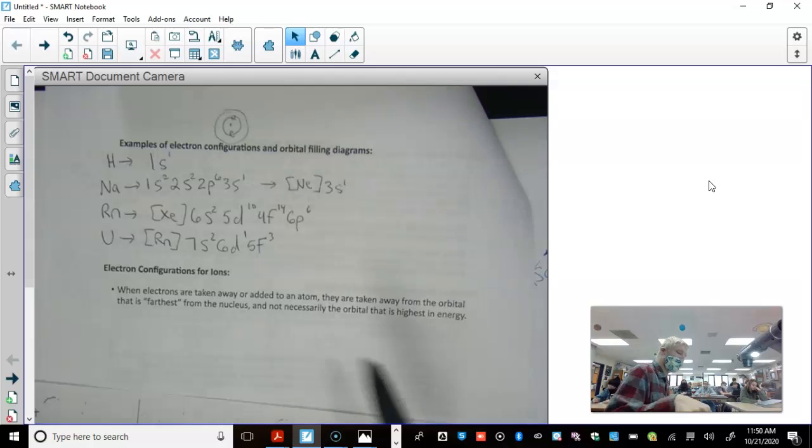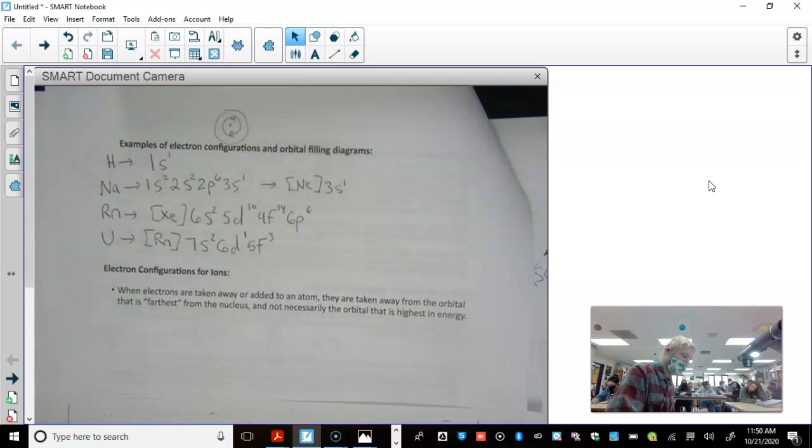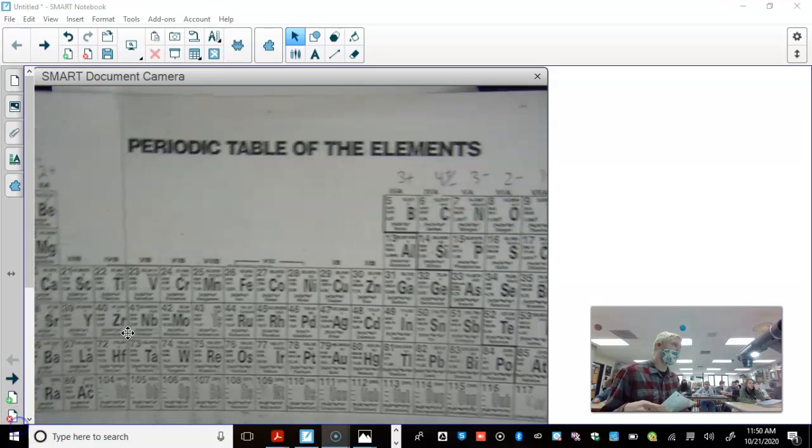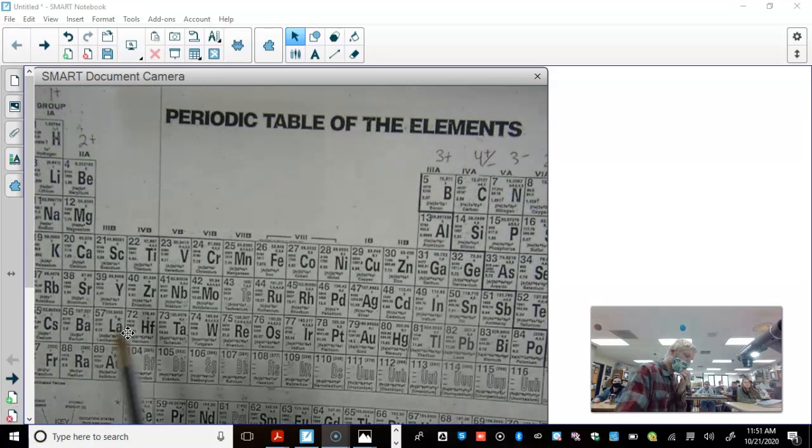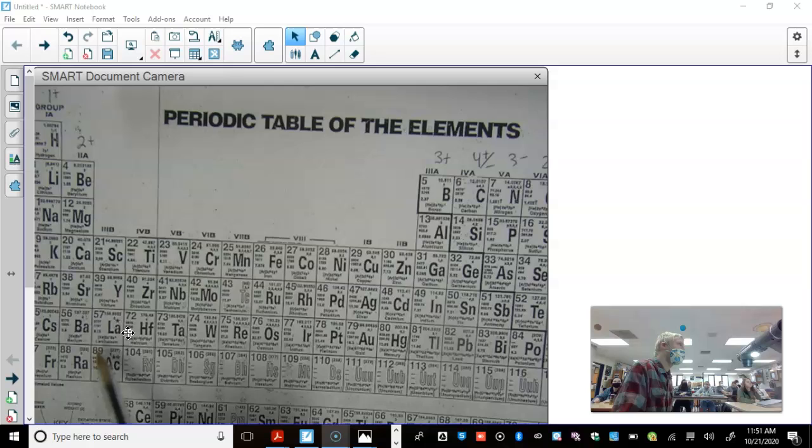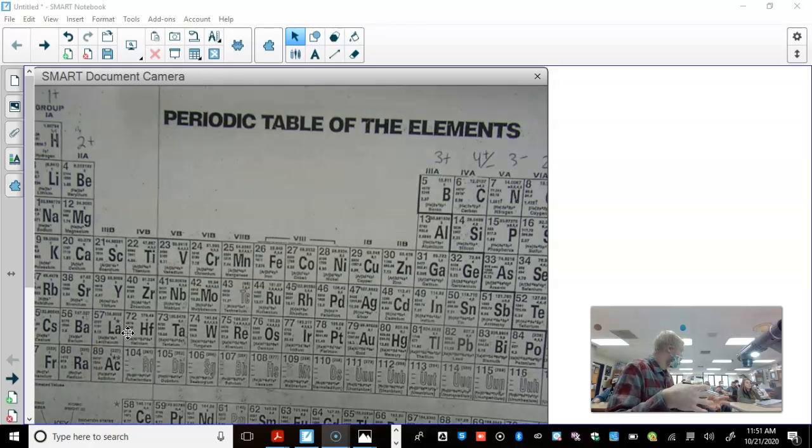So if you get doing the noble gas notation, it makes it way simpler. Way simpler. Be careful. I just want to double check the periodic table configuration because they put La and Ac right in the D, which is where it is electron-wise.